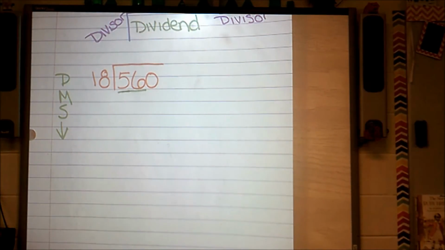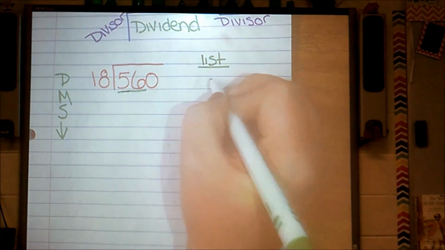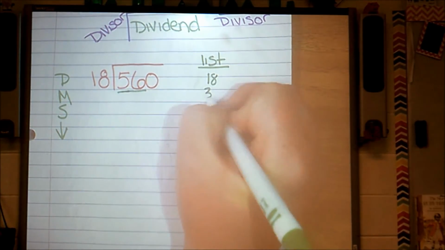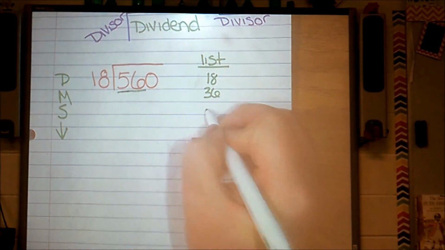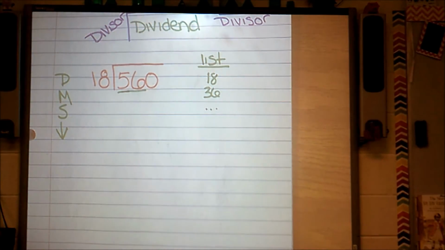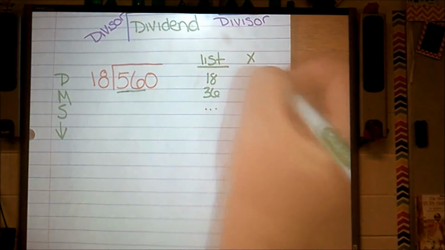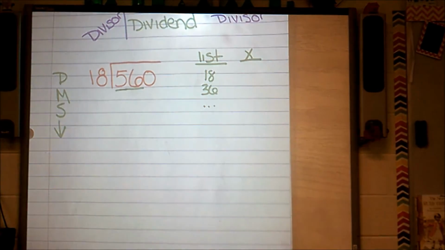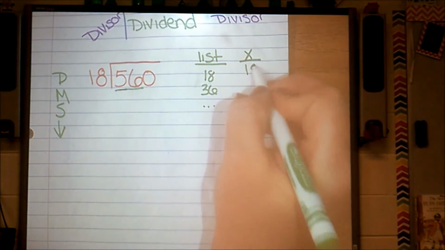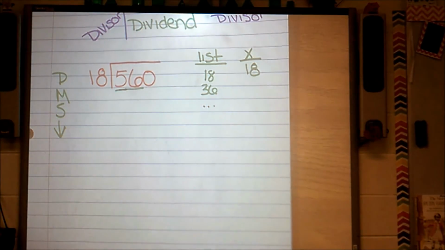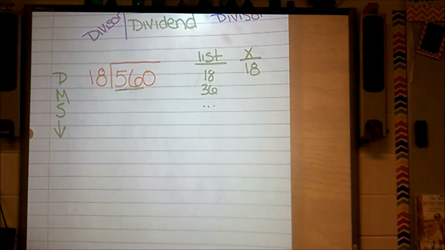You could make a list where we count by 18s, or you can do multiplication. You can say, let's see, 18 times what number is going to get me close to 56?